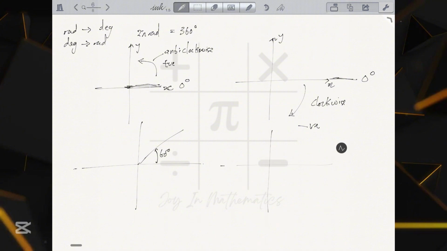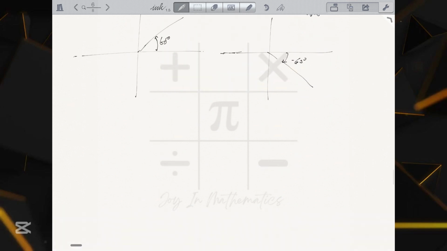In the same vein, we have negative 60 degrees because it is moving in the clockwise direction. So this is what we tag as positive angles and negative angles. Positive angles move in the anti-clockwise direction, negative angles move in the clockwise direction.